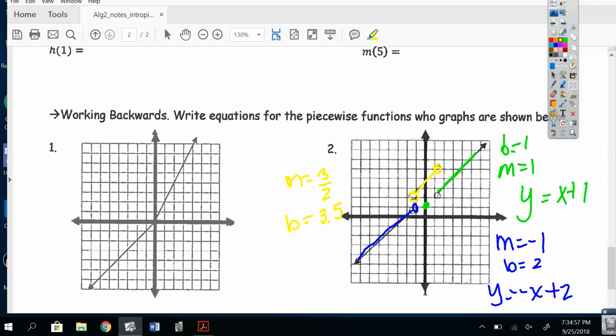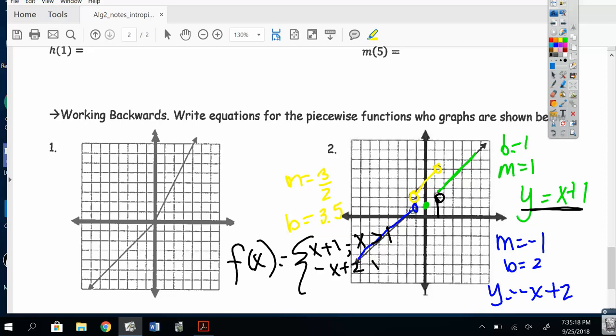So if I write my answers, f of x equals x plus 1. That restriction is at 1, so x has to be greater than 1. It's greater than because it's an open dot. If I go to the blue line, I have negative x plus 2. X is less than negative 1 because it's on negative 1.